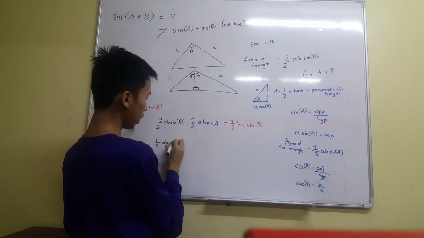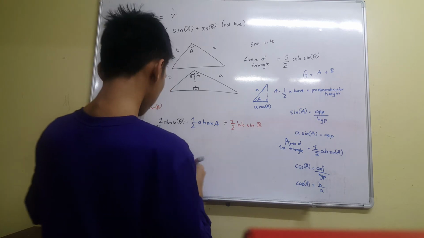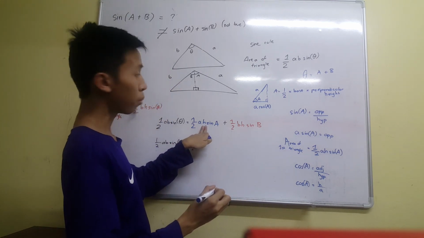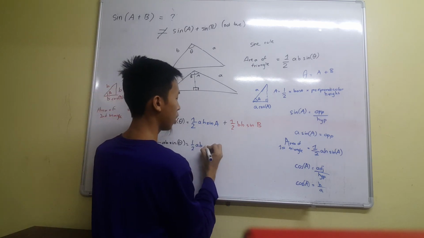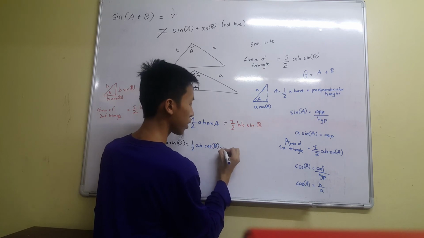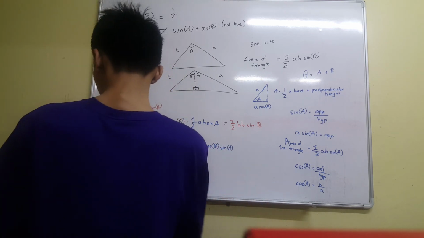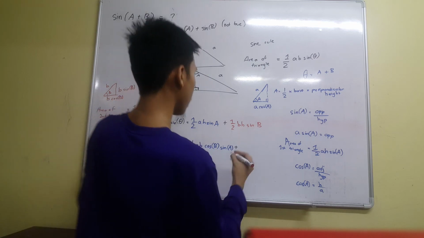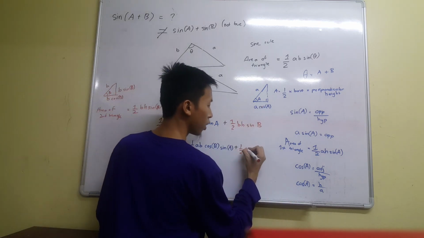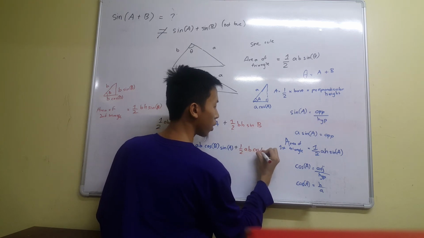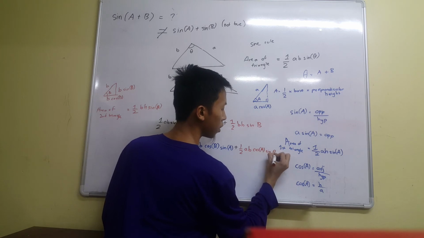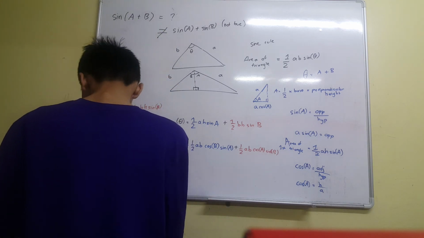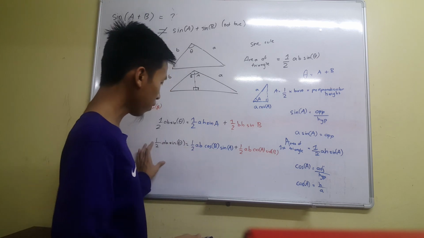So 1/2 AB sine theta is equal to 1/2 A, where this H must come from the B side, AB cos B sine A, plus 1/2, where I must choose this H from the A side, AB cos A sine B. Now we have the common factor, half AB.